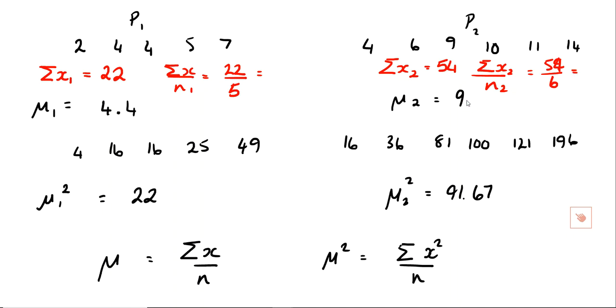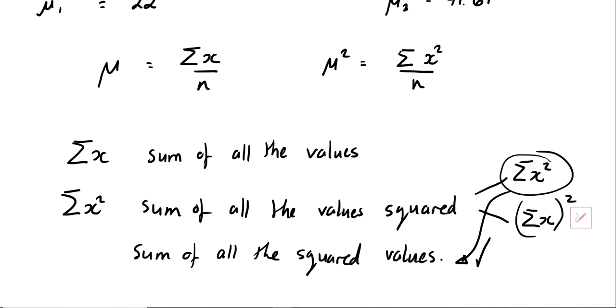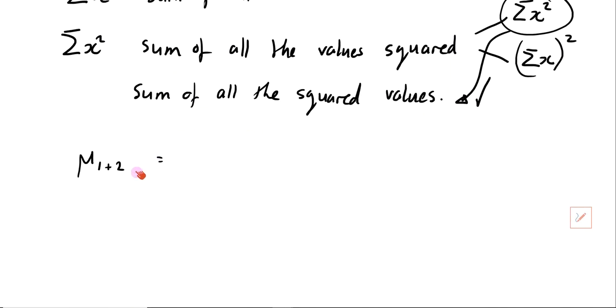Okay? Right, now that's why I said, because for this next question, it says work out the combined population. So the first step is to do what? Add up all the numbers, yeah? Add the two populations together.